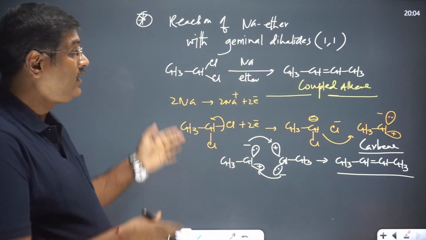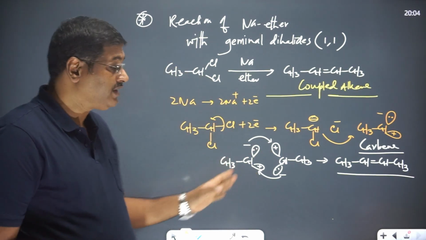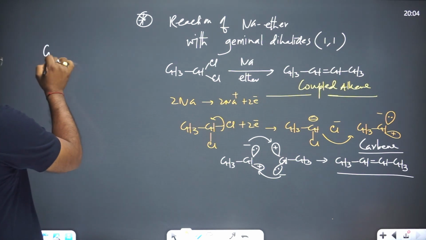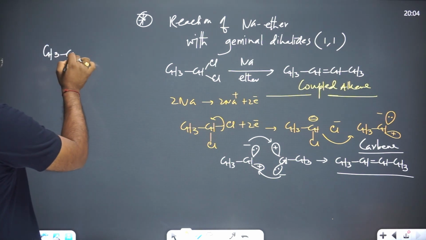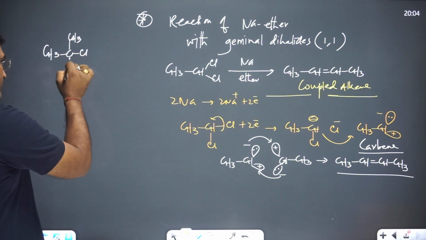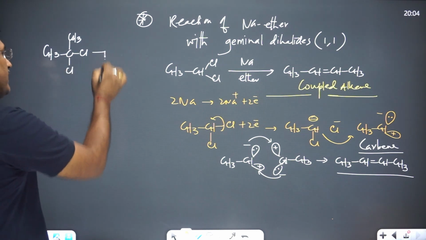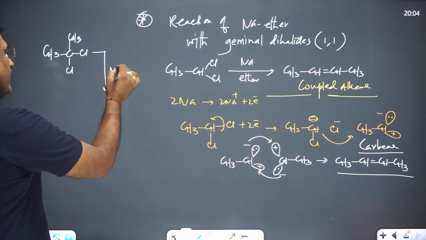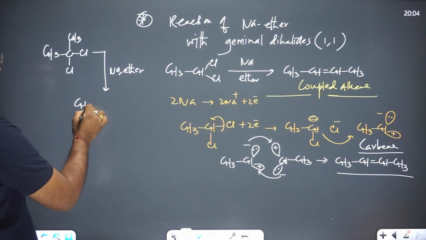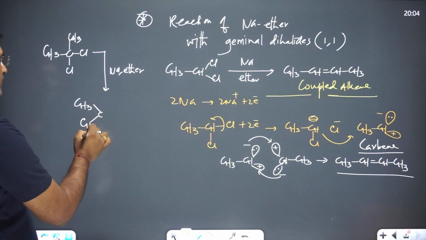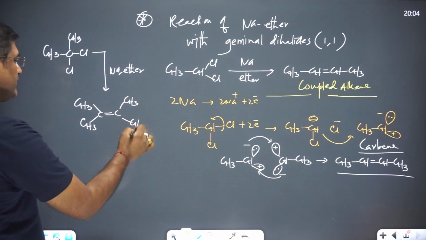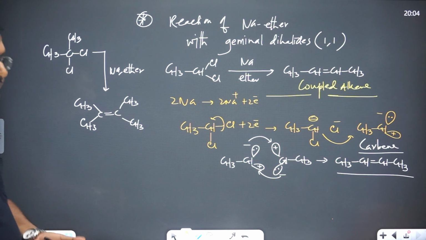And it's not limited to this one. All such geminal dihalides can give this kind of product. For example, if this one is (CH3)2CCl2, and it reacts with Na in ether, the same thing happens: (CH3)2C=C(CH3)2, the alkene forms.